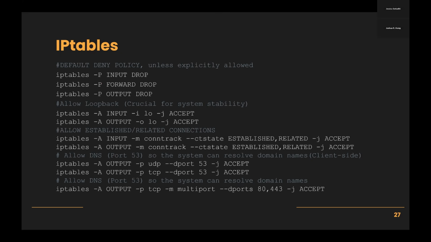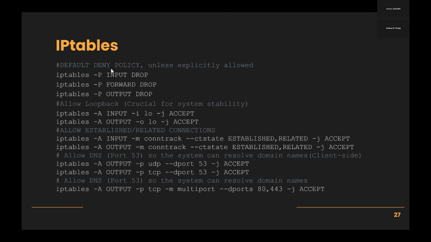Right, so I think a really common firewall software that's used to configure these rules is iptables. Now there are other software like UFW, firewalld, nftables, but I put iptables on the slide here because it's the one I'm most familiar with and have worked with the most, right? So here we see these three rules.